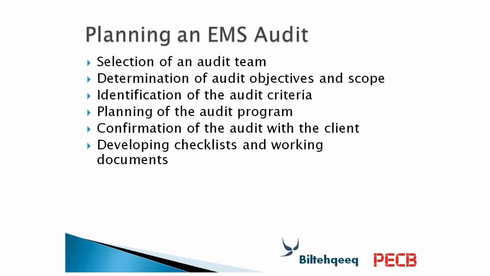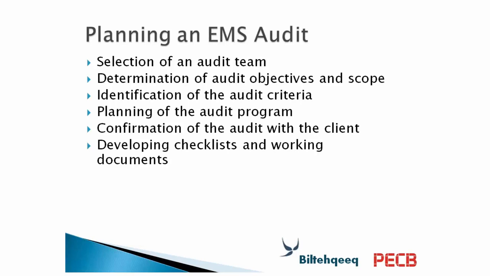So like other audits, the procedure of EMS auditing is the same, and the main thing is the auditor and the audit team. So selection of the audit team is important, and before this you have to be clear about the audit objectives and the scope, because if you are not clear about them, you cannot select your audit team.